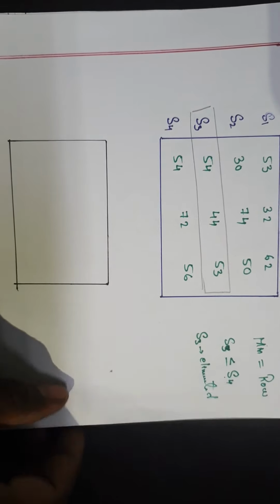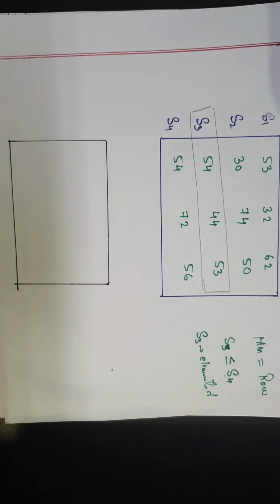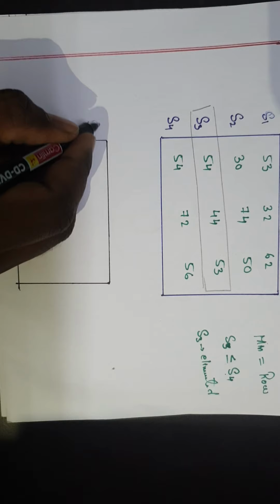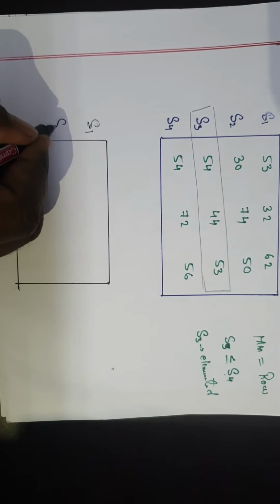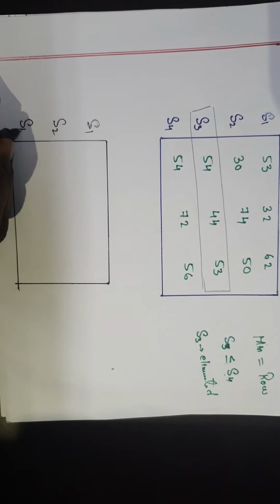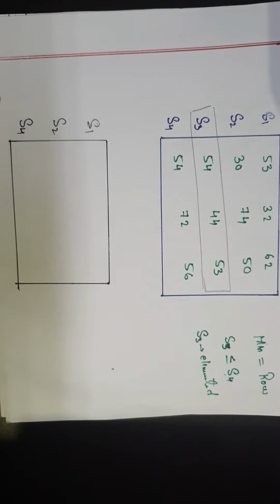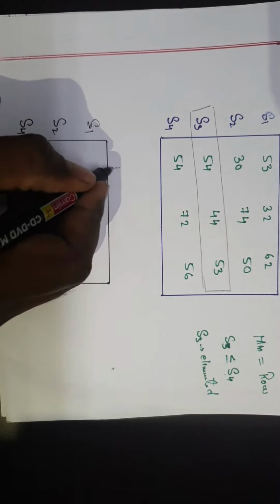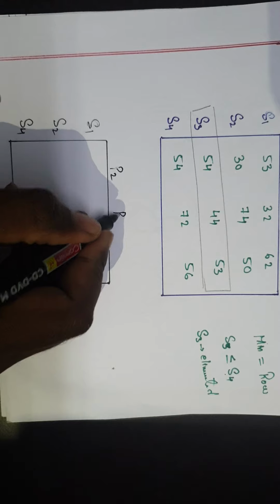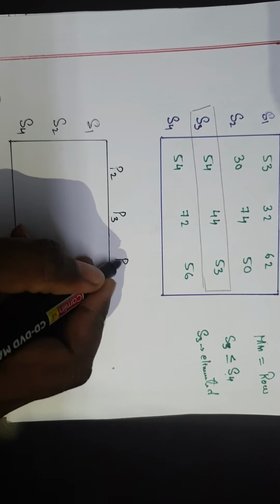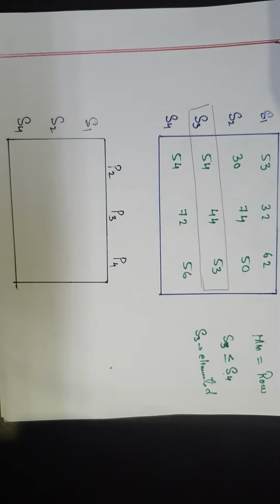After that, whatever the remaining values are, you have to write them down. What are the remaining values? Here S1, next one is S2, next one is S4. This one is known as P2, this one is P3 and this one is P4.